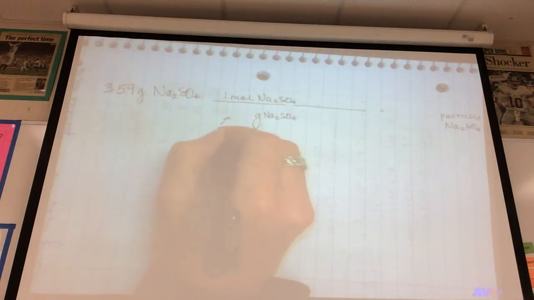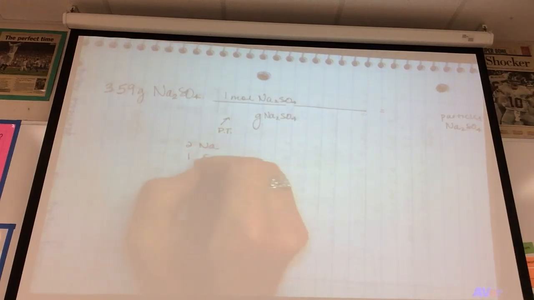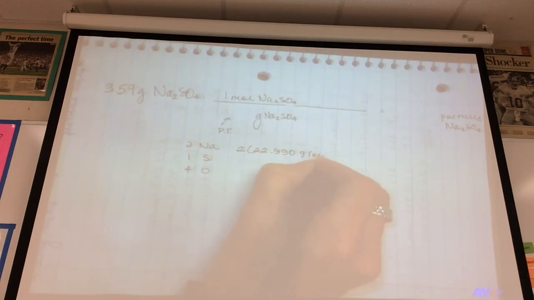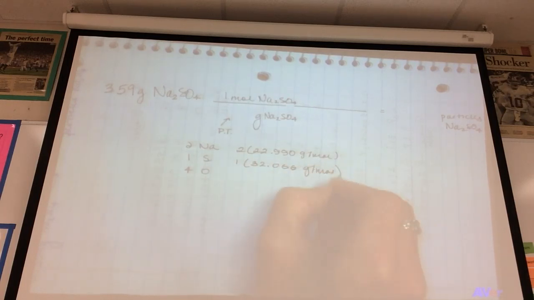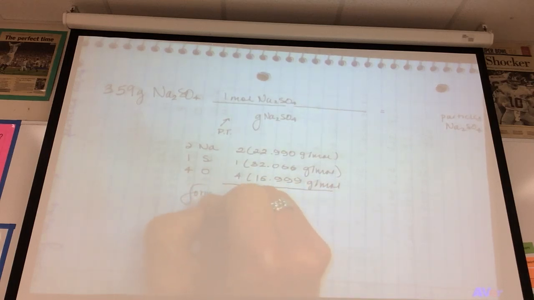And where do I get this grams from? Periodic table. I've got 2 sodium, 1 sulfur, and 4 oxygen. So I've got 2 times sodium off the periodic table, 1 times sulfur, and 4 times oxygen. So I can get the formula mass here.